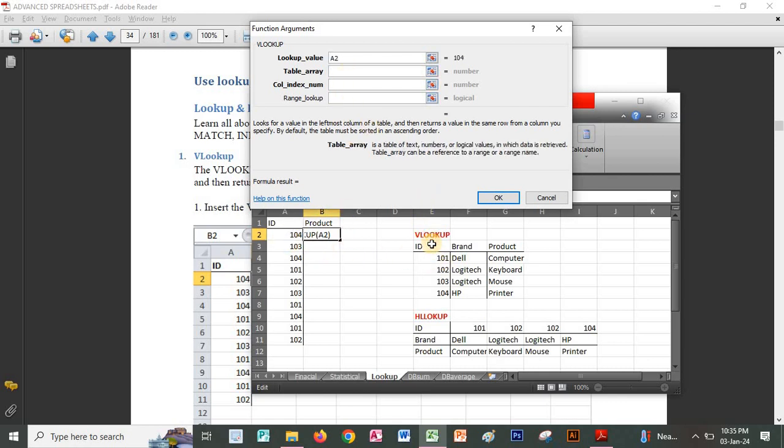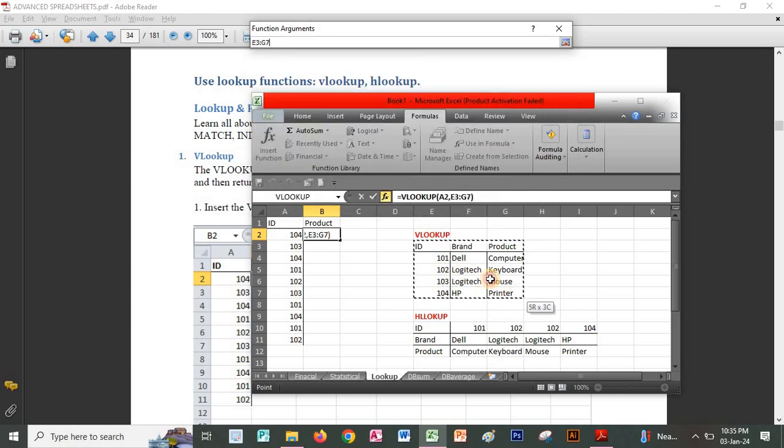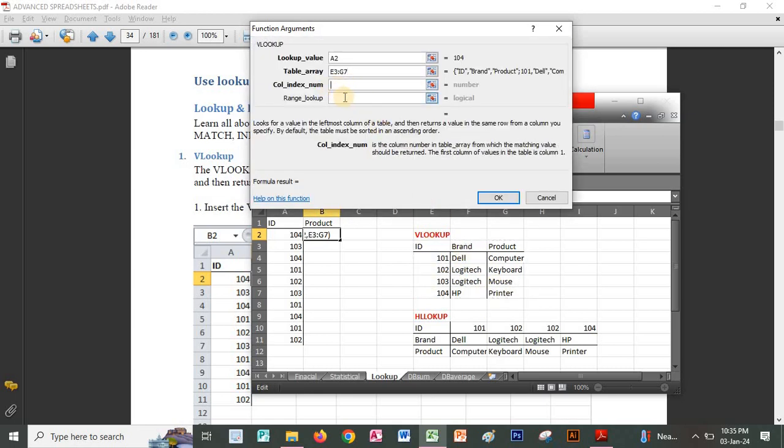We are matching from this group here, and we are returning the third item in the third column. And since I'm going to copy this formula down, make sure we fix the rows so that the rows are not going to change.